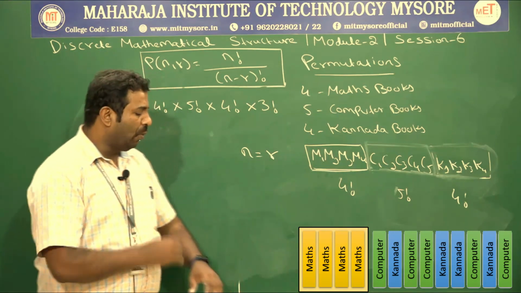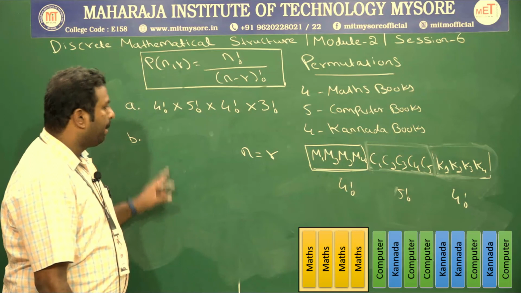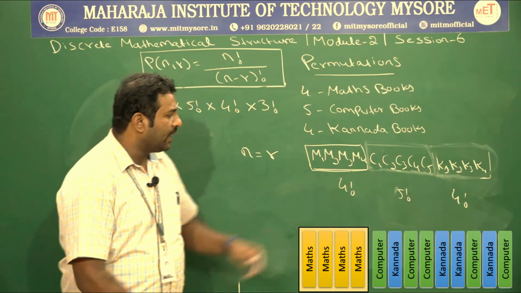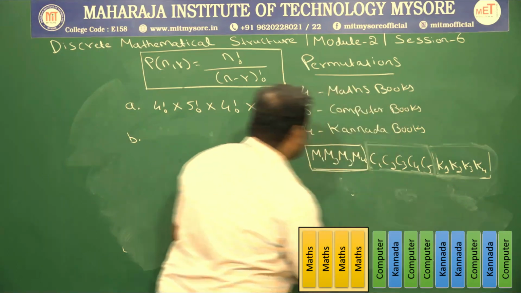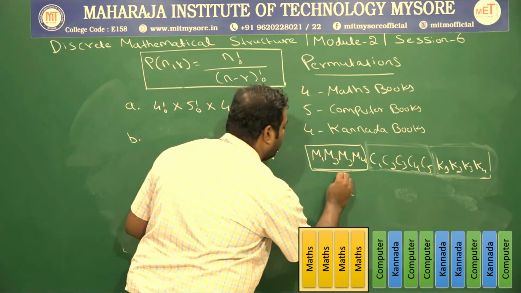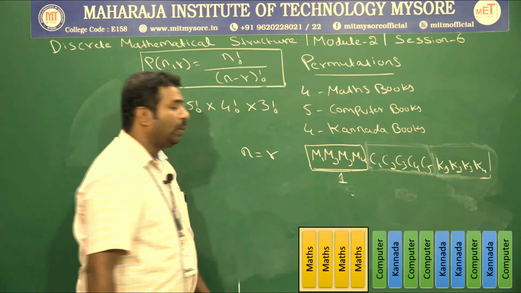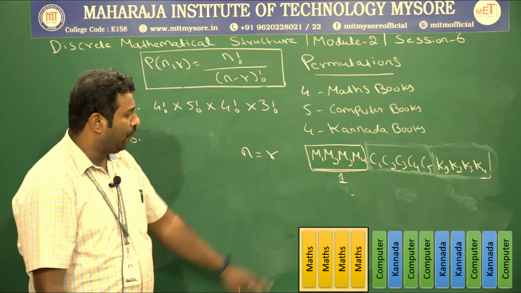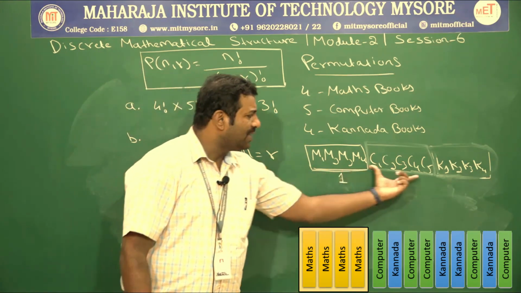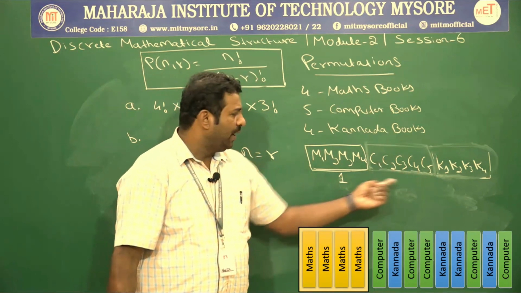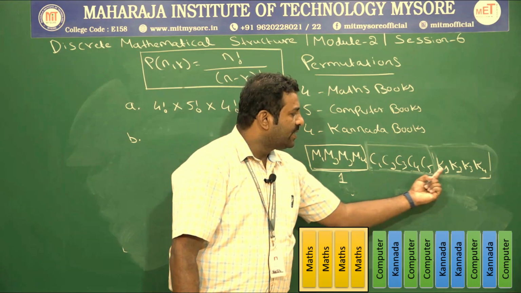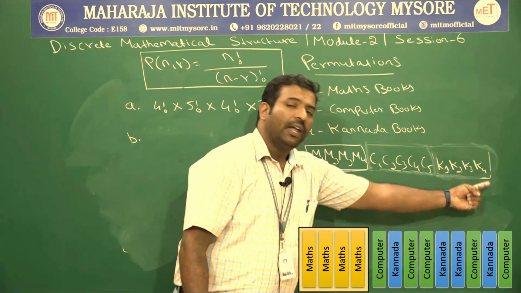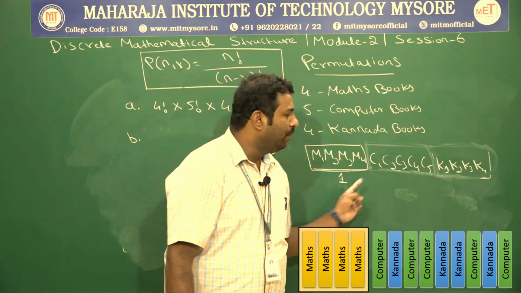This is the condition I am going to put right now. In that case, I am going to consider this as one whole book. This entire block is going to be one book at this instant for me. And these other books need not be together, hence 1, 2, 3, 4, 5, 6, 7, 8, 9, 10. In total, there are 10 books.